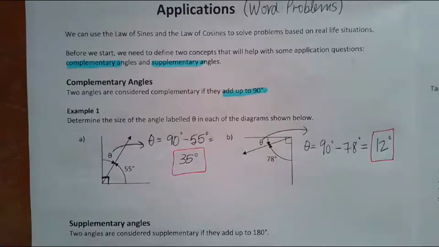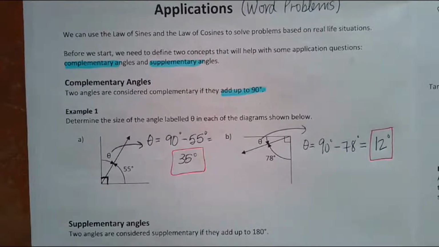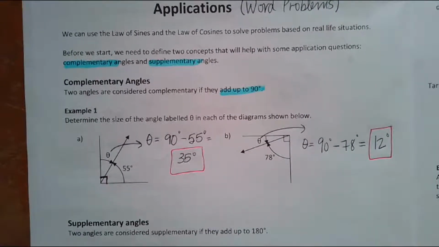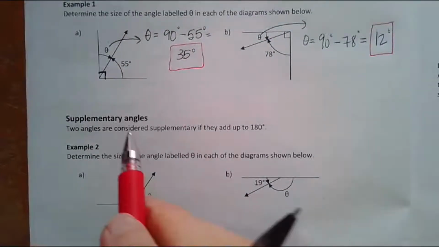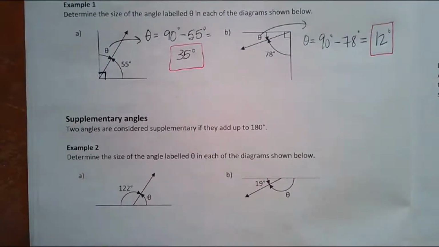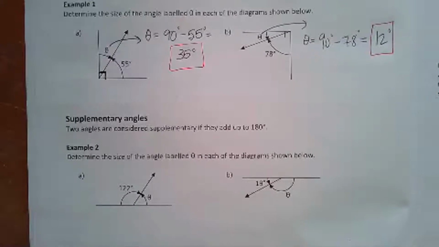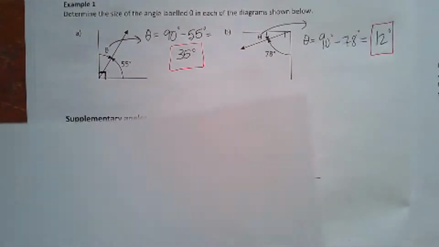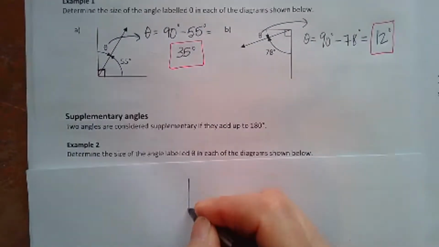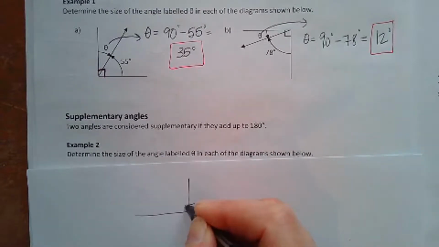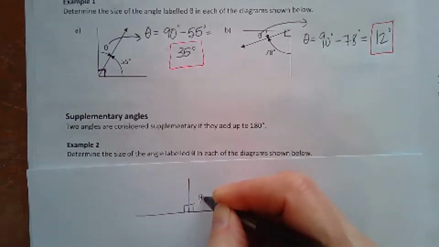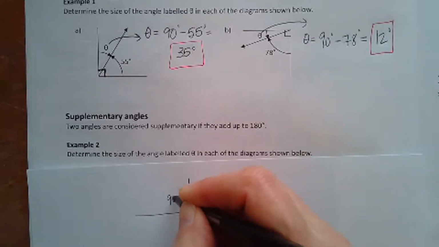That will come into play in some of these word problems later on, which is why they're stressing this. Now, supplementary angles. Just think about this for a sec. If I have a perfect corner here and another perfect corner here, I know this is 90 degrees and 90 degrees.